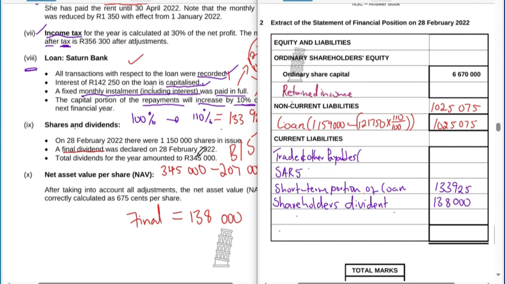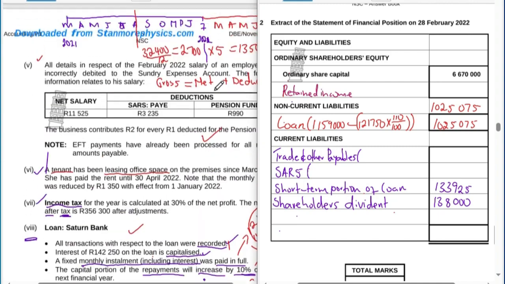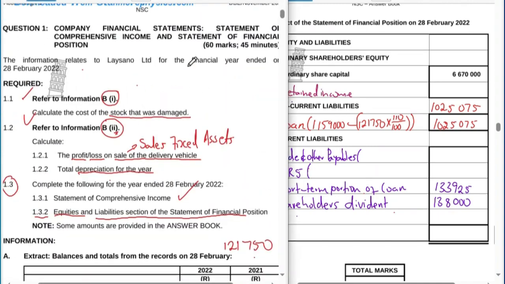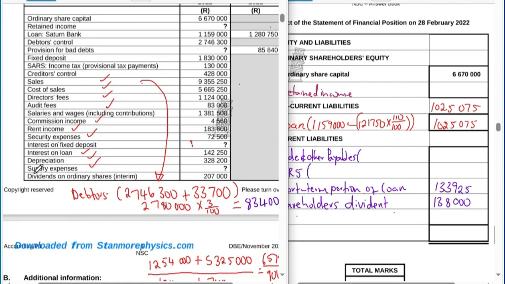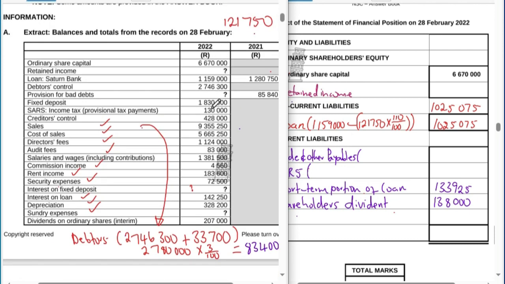And then SARS. Now we need to close off SARS. From our extract we have SARS income tax, provisional tax payments. Then we have a payment of 130,000.